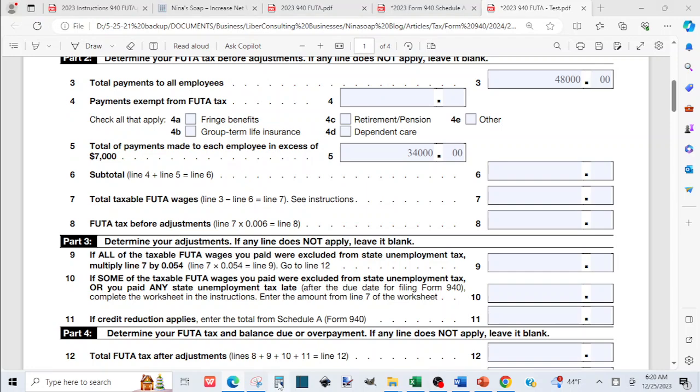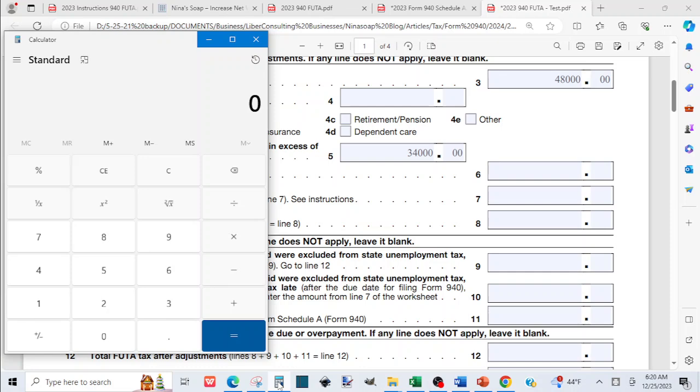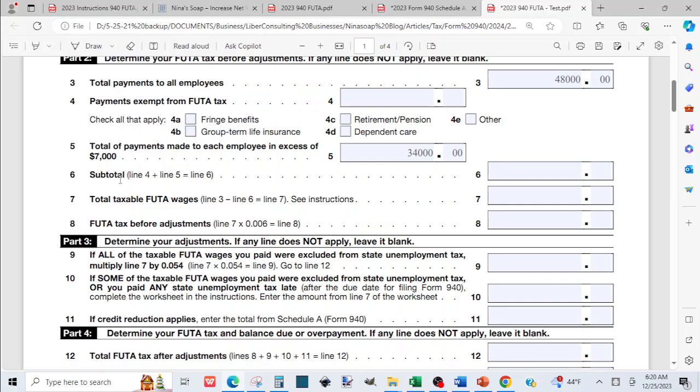So if you take your calculator, 48,000 minus 14,000 gives you the 34,000 that we put on line 5. Line 6 is line 4 and line 7 total together, and that would be 34,000, the amount exempt from FUTA.